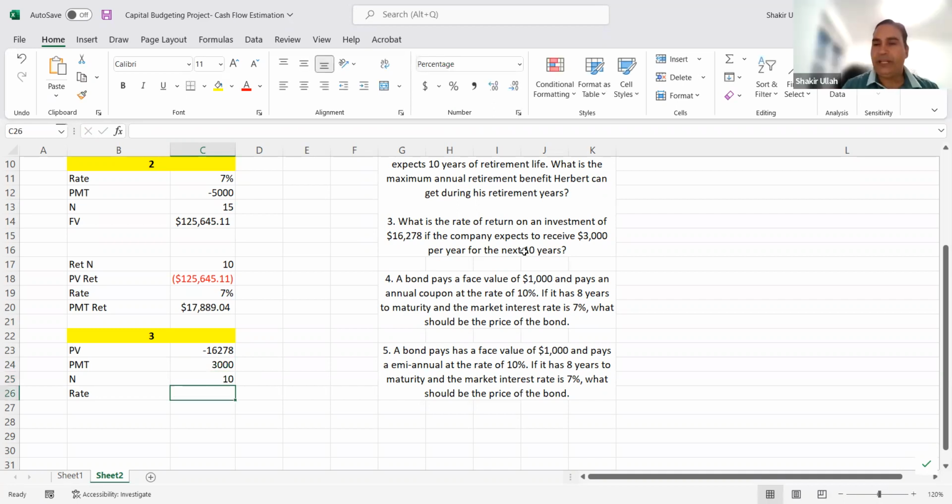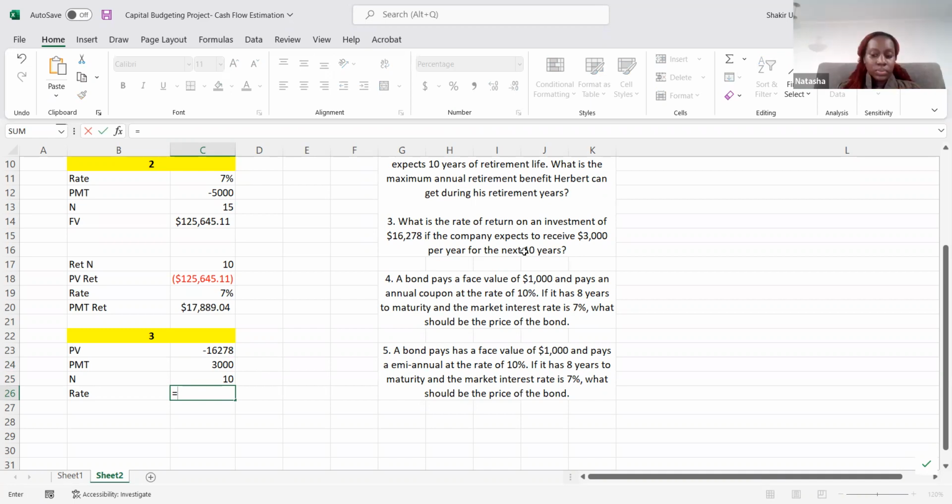Now, what is the implicit interest rate in this case? We use the rate formula of Excel, equals rate. It asks for the variables. Number of periods, 10, comma, payment is 3,000, comma, present value is 16,278, comma, future value, 0.